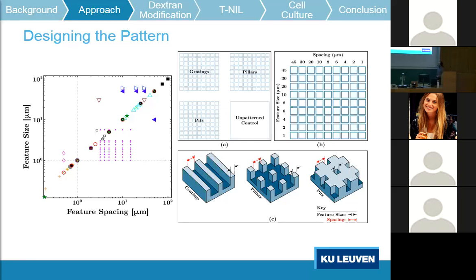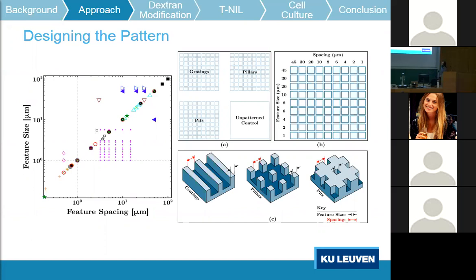But I think most importantly is that there are certain dimensions of a topography that cells will not readily respond to. To give an absurd example, if you have a topographical feature that is a few orders of magnitude larger than a cell, the cell interacts with it as if it's a surface, not as if it's a topographical form of information, unless, of course, it reaches the edge of that feature.